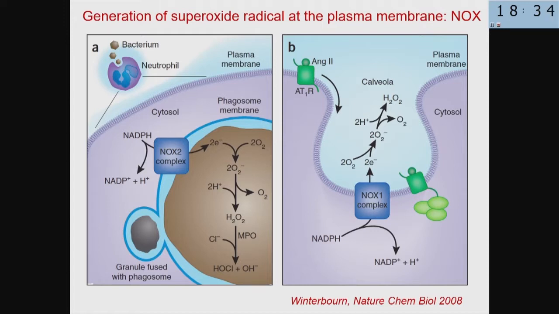More recently, and I know Salvador will also touch on some of these, other cell types, including vascular endothelium, can also generate superoxide radicals at the plasma membrane at much lower levels to regulate reactions such as nitric oxide bioavailability.